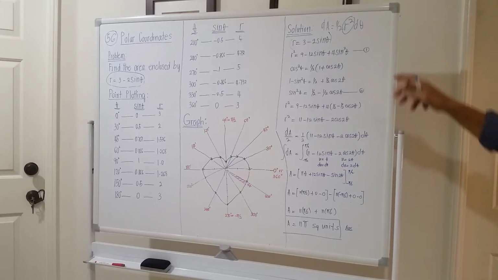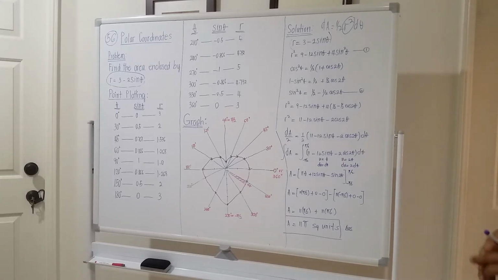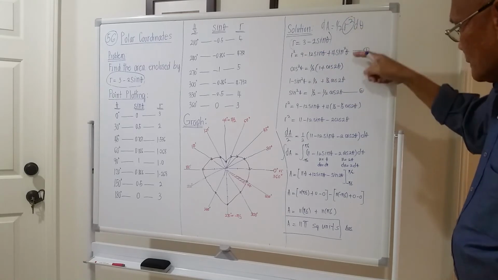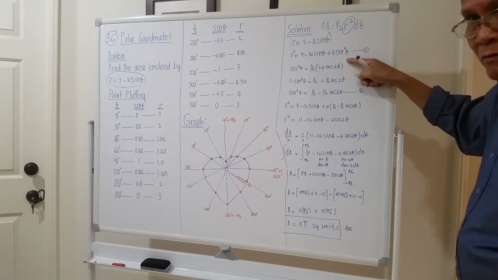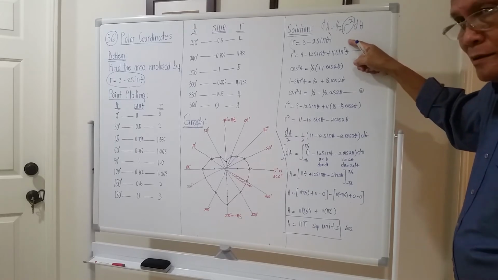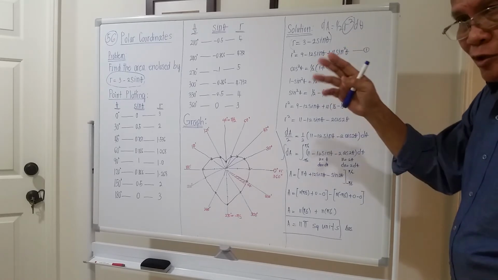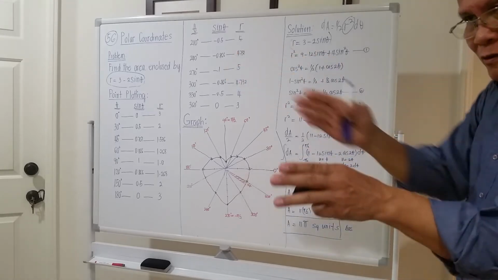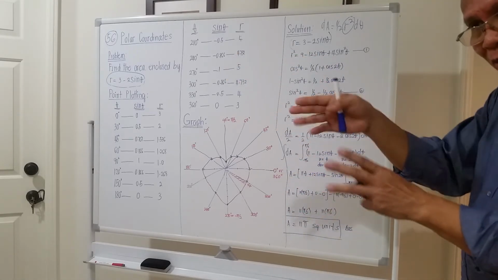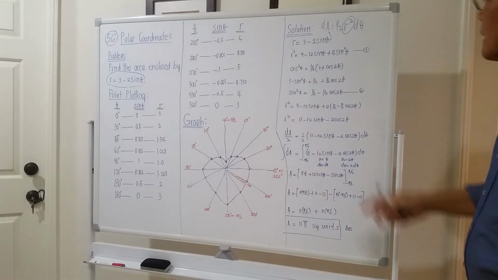Equation number 1. Why do I mark it as equation number 1? If we try to substitute this one into this equation here, this part is not yet integrable. So we must convert this sine squared of theta in terms of a double angle, not a squared function. Because a double angle is integrable, but a sine squared function is not integrable.